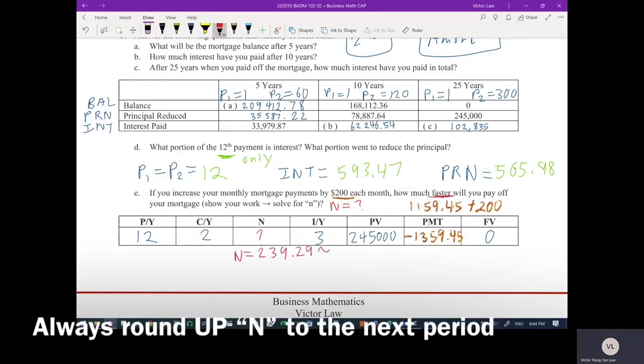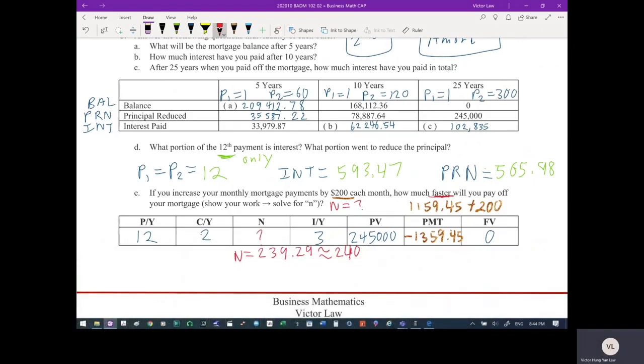So that is approximately 240, because we always round up for N to the next period. So by increasing your monthly mortgage payment by $200 each month, you're reducing your total number of payments from 300 to 240 payments.